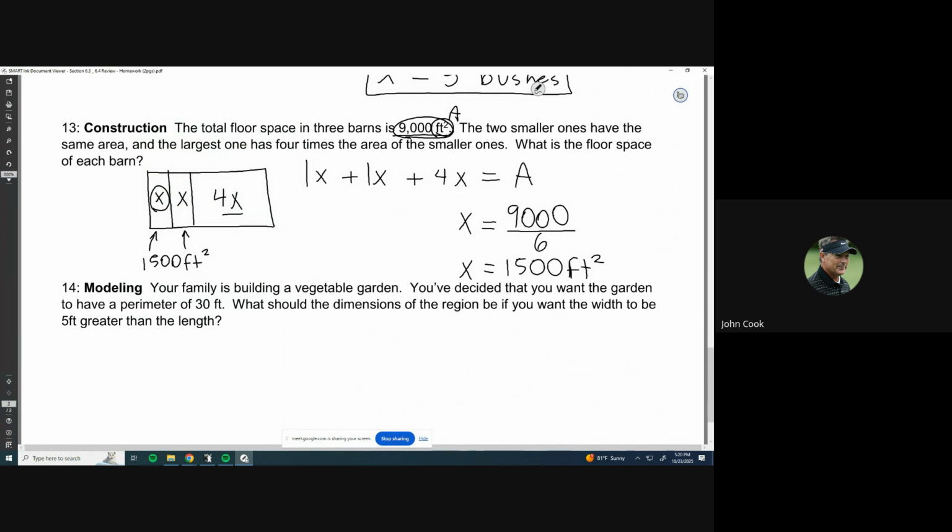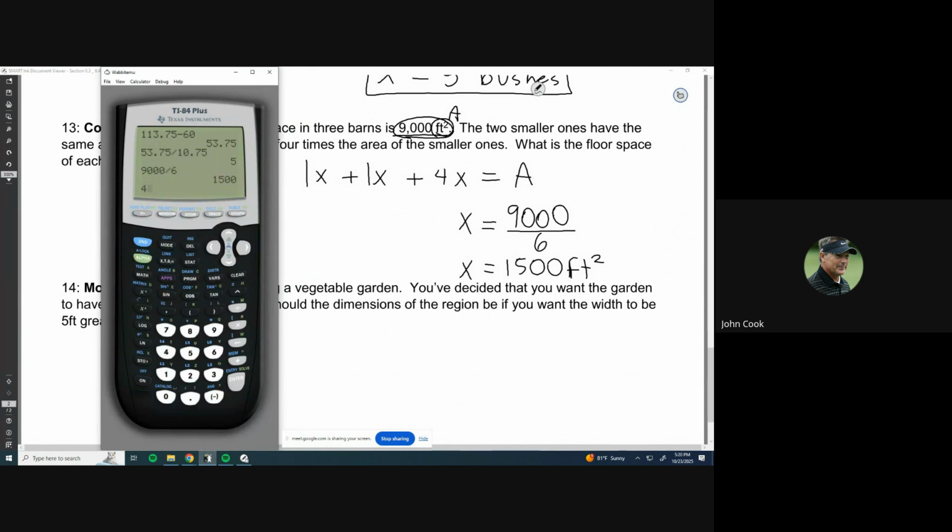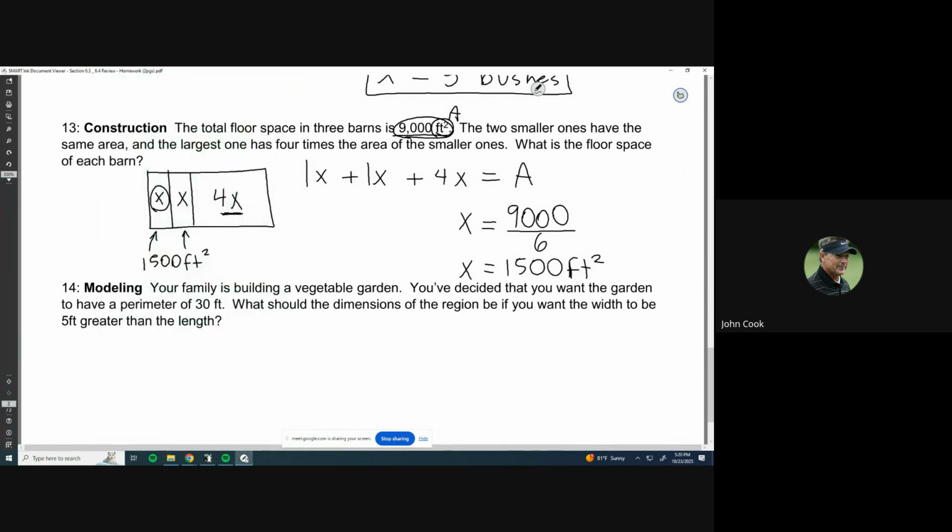Now, this one is 4 times that amount. So 4 times 1,500 is going to give me 6,000. So that means that this larger area is 6,000 feet squared. And there's the area of each individual part, and that's all that I needed to solve for.